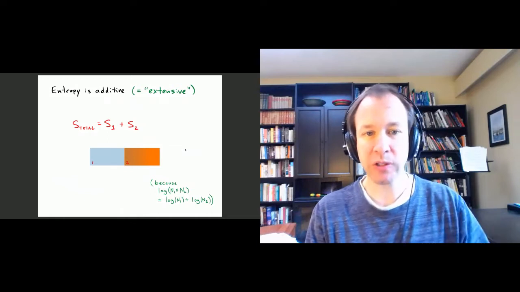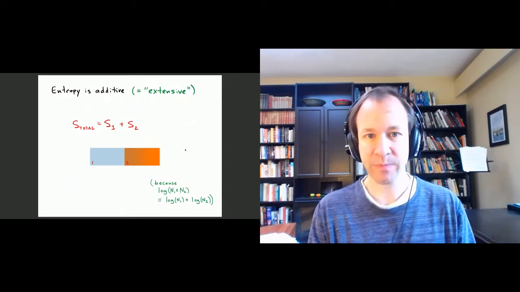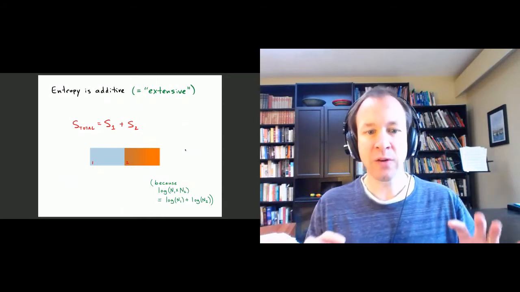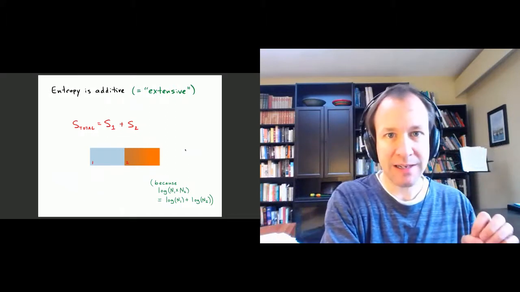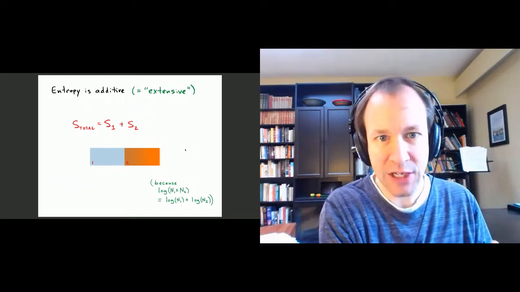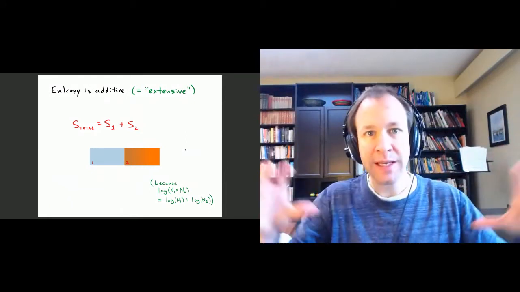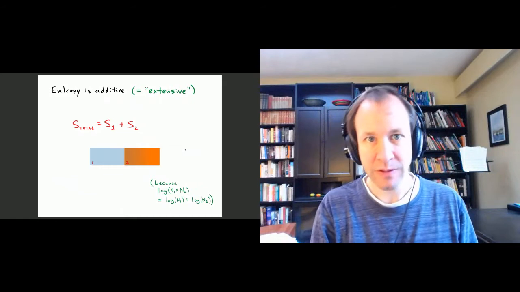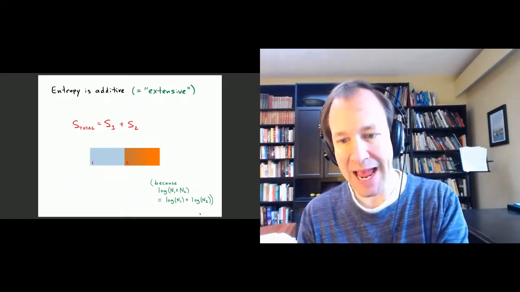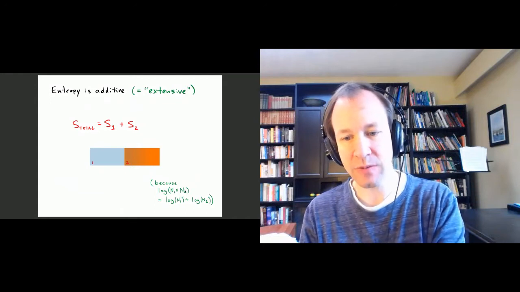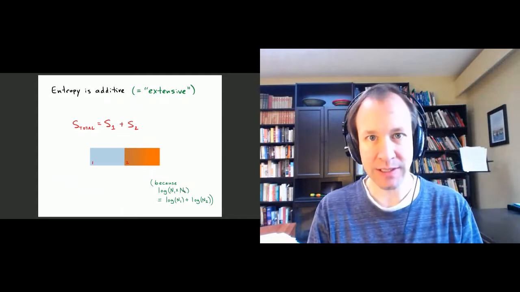And the number of total possible configurations is 6 times 6, or 36. More generally, when you have two different parts of a system, and each part can have a certain number of configurations, then the total number of configurations of the whole system is just the product of those two. For each configuration of the first one, you have, say, n2 possible configurations of the second one. And so the total number of configurations of your system is n1 times n2.